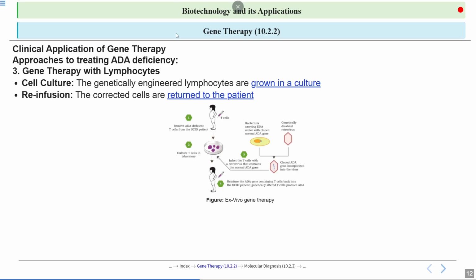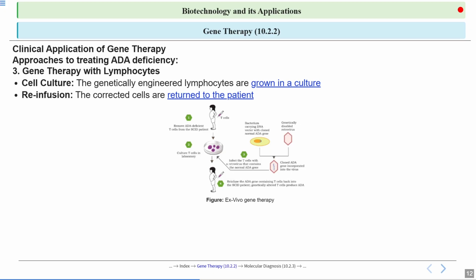Okay, now we take these lymphocytes and reinfuse them back into the SCID patient, who now has genetically altered lymphocytes which are going to produce the enzyme. So this is how it works.